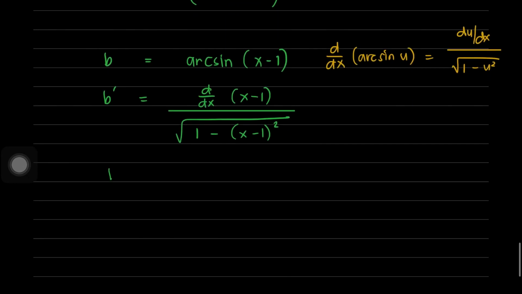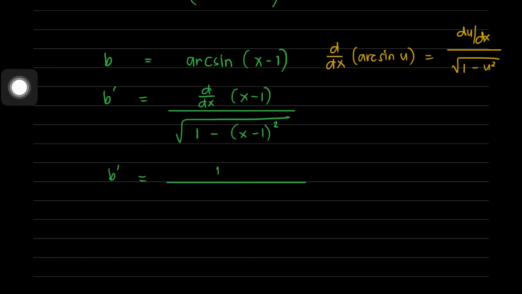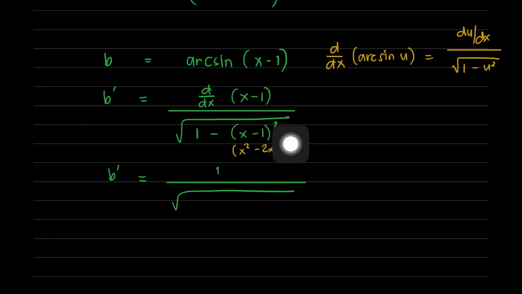So simplifying this, b prime is now equal to the derivative of x minus 1, which is 1, all over the square root of 1 minus x minus 1 quantity squared, which will give us x squared minus 2x plus 1. Right? So if we're going to collect similar terms in here, we'll be having 1 minus 1, so that will give us 0.